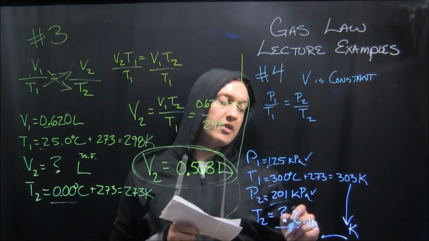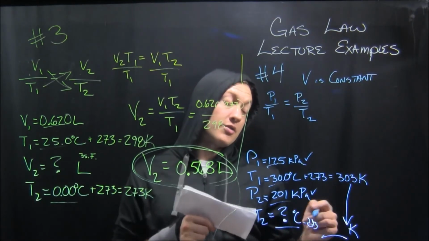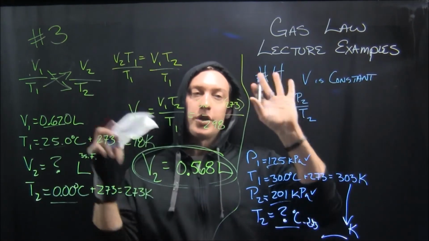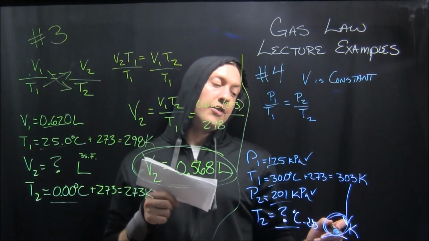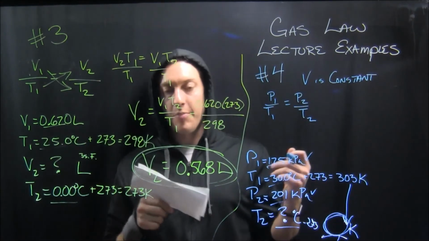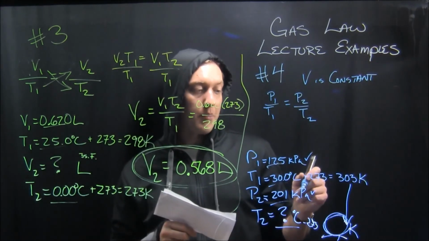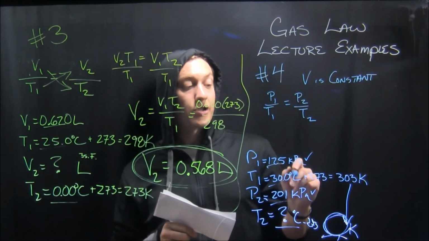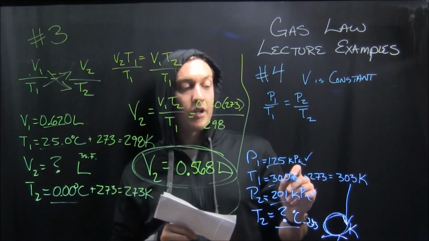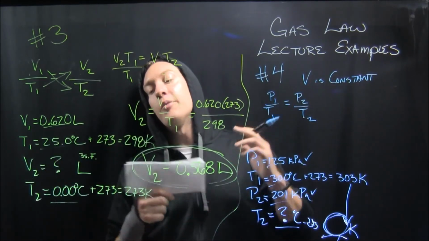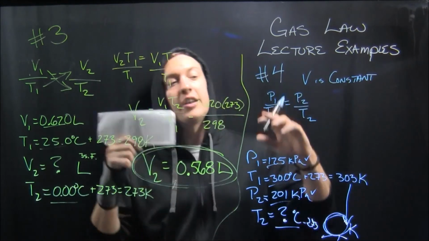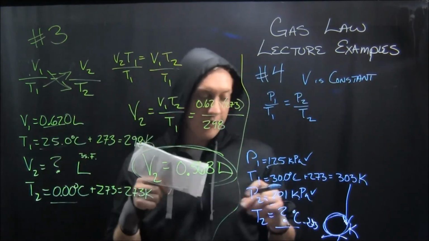So when we get to the end, we subtract 273. The subtraction kind of throws off sig figs. We'll round to 3 here, and then the subtraction, we'll see what happens. Let the chips fall where they may. Since the pressure is rising, the temperature is going to have to rise, right? If the volume isn't changing, the particles must be moving faster and hitting the walls of the container more often.